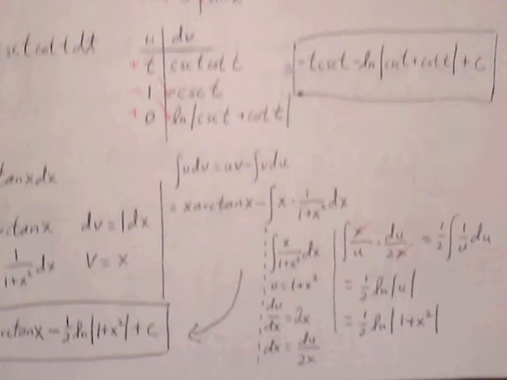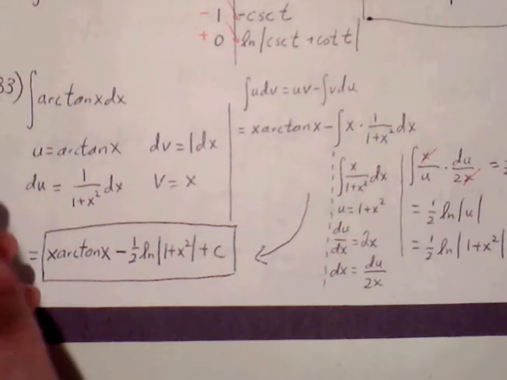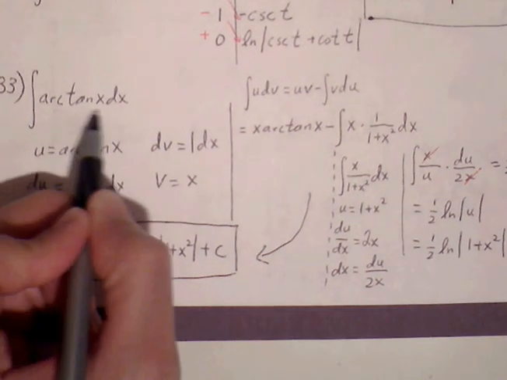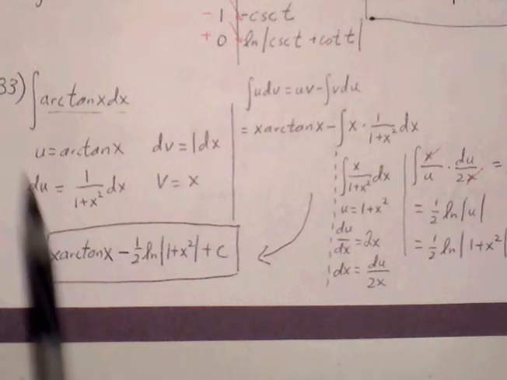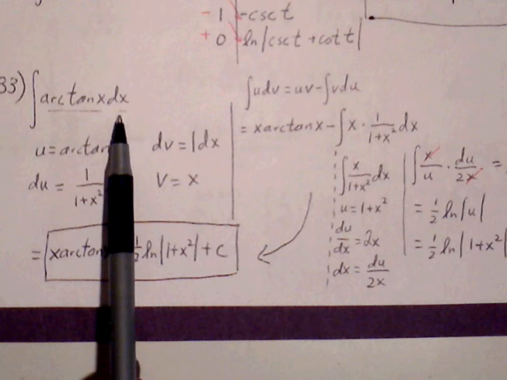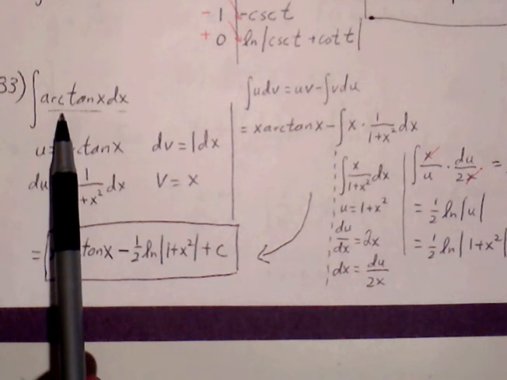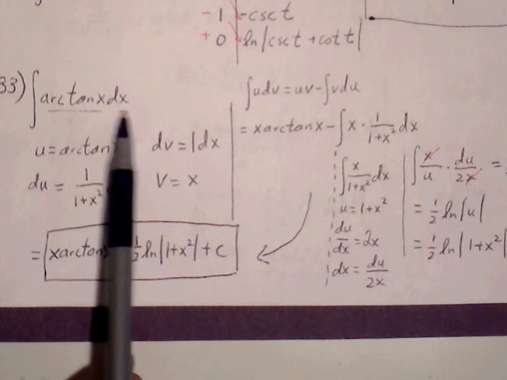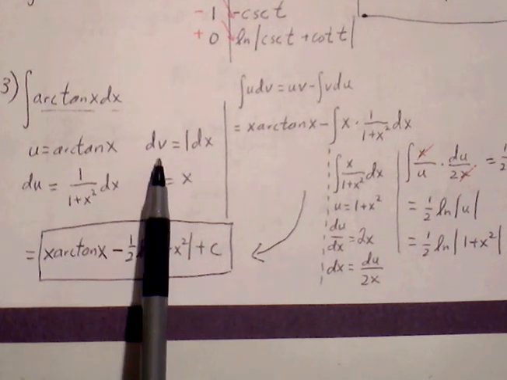Finally, 33, we have the integral of arctangent of x dx. So we have arctangent of x versus dx. So we have algebraic versus inverse trig. And so inverse trig is going to win out over the algebraic. So our u value is arctangent. Our dv is 1 dx.